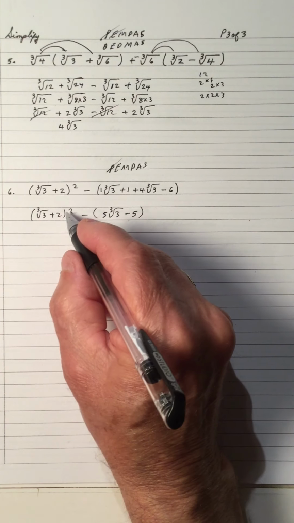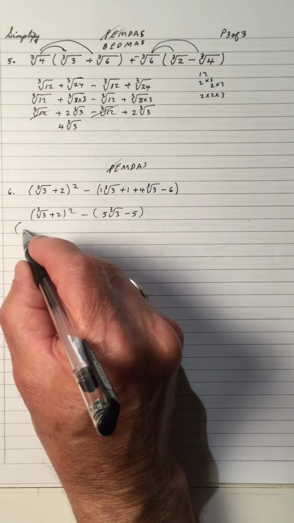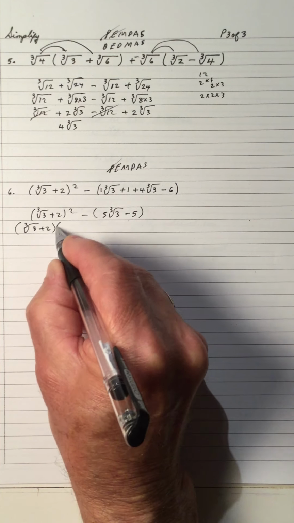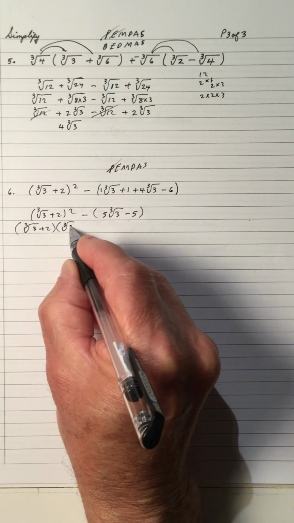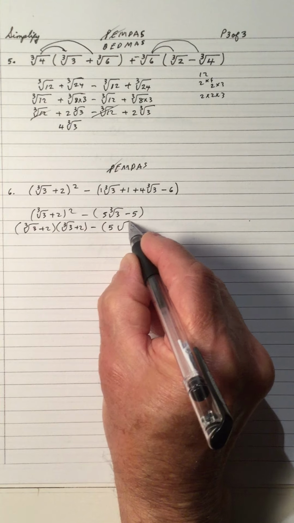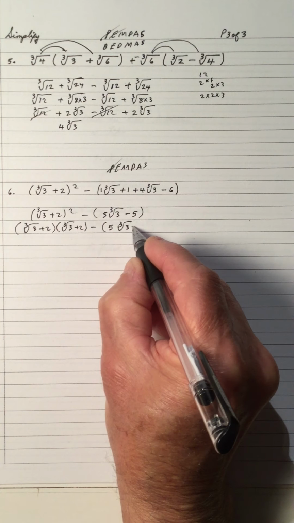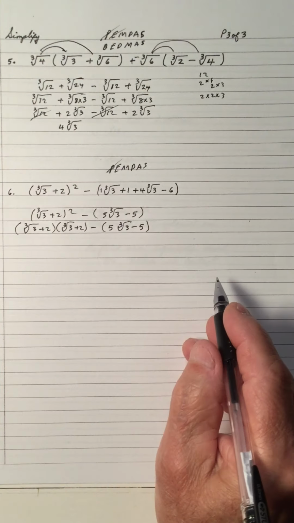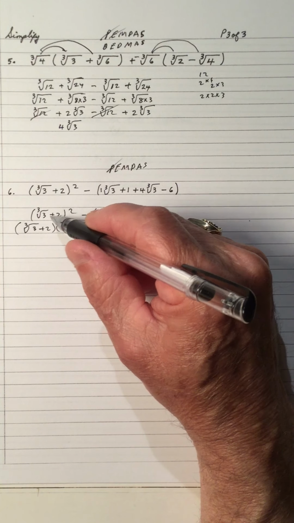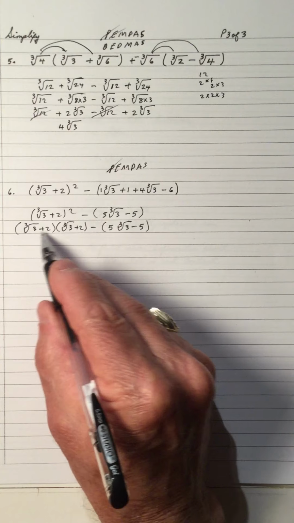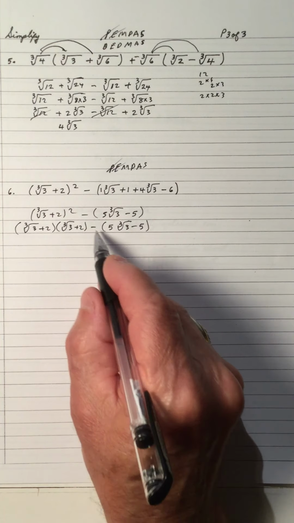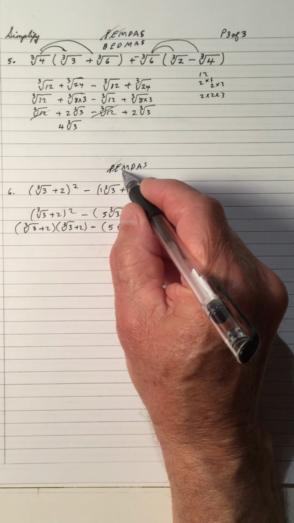Now do we have any exponents? Yes, we have to do the exponent. So I'm going to expand this. When we square, I multiply it by itself. So now the exponent is changed to two binomial products. So now we have a multiplication and a subtraction. So we have to multiply first.